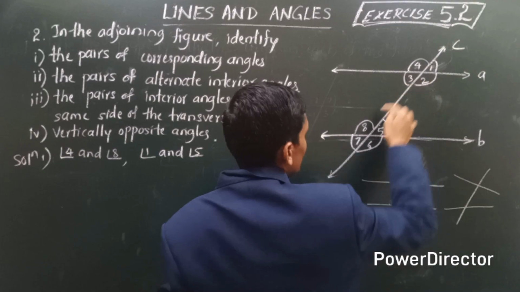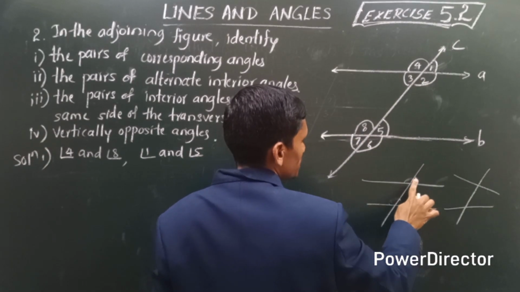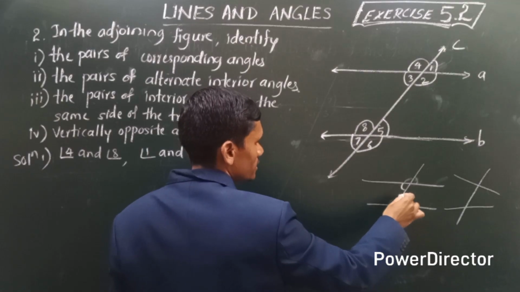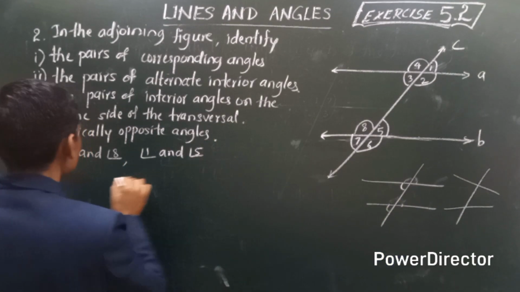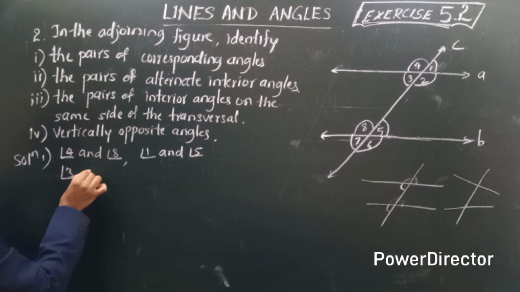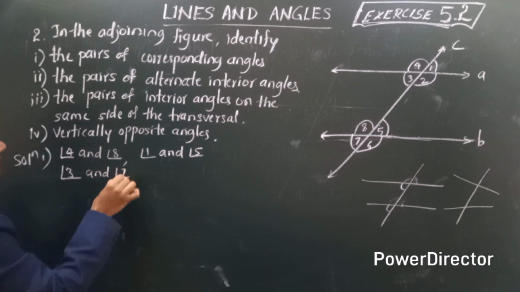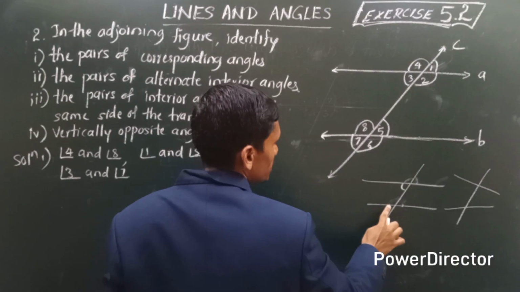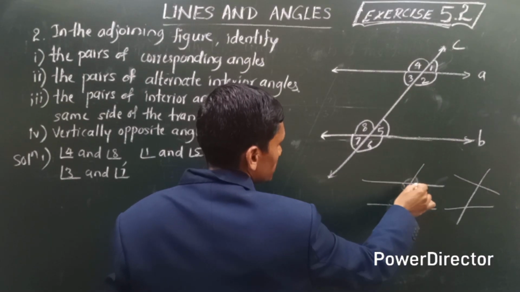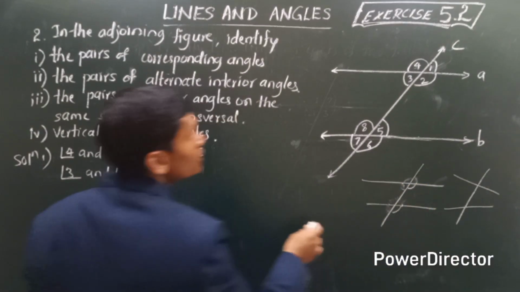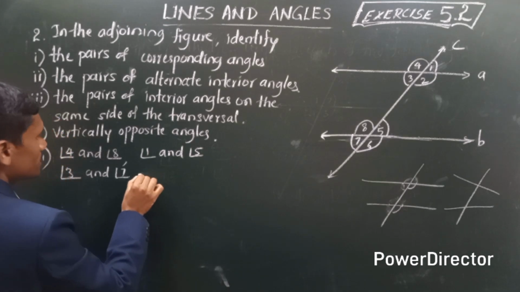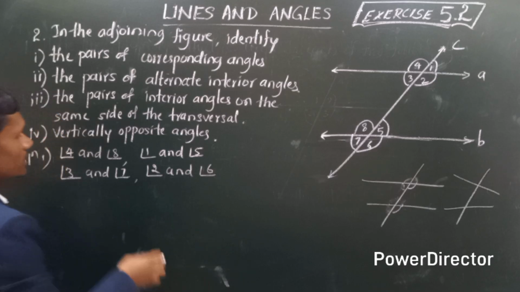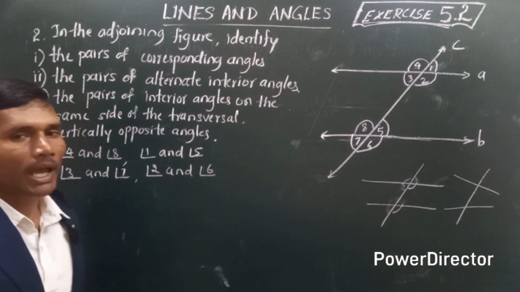Next, you take 3 and 7. Where are the positions? Angle 3 and angle 7. These are corresponding angles, right? Next pair is what? Angle 2 and 6. What is the position? You can observe here. This is the position. So angle 2 and angle 6. There are 4 pairs of corresponding angles.